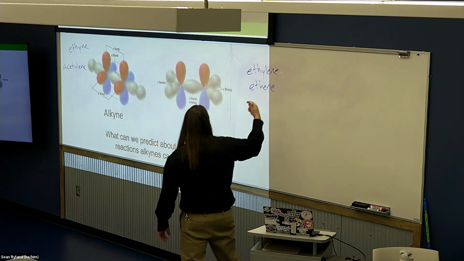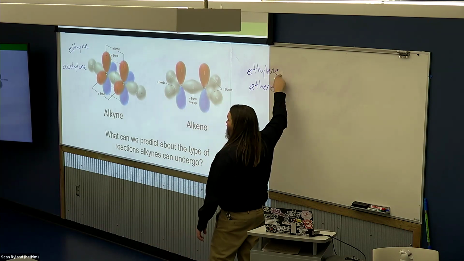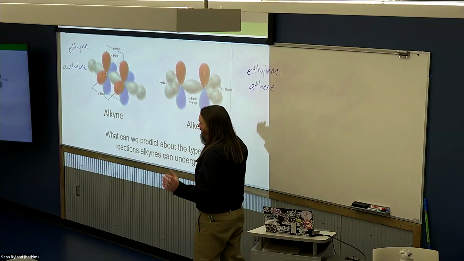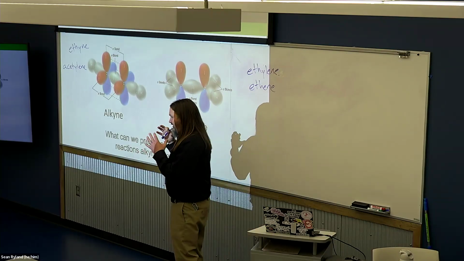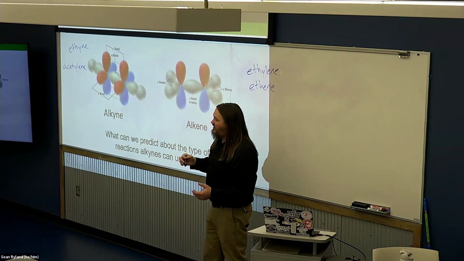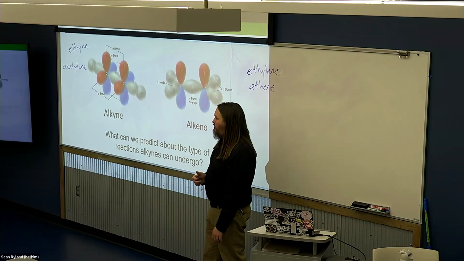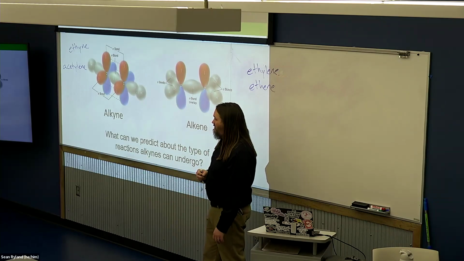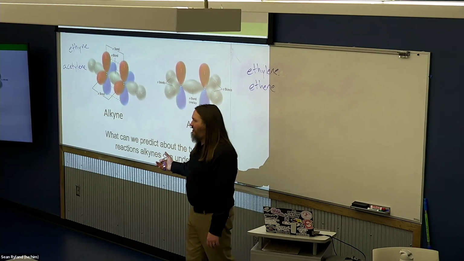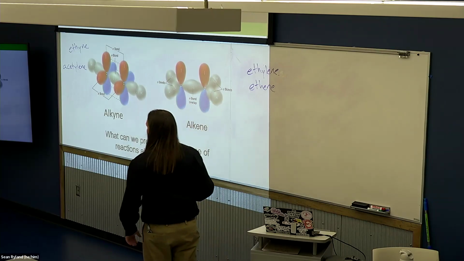Ethylene is the hormone that triggers fruit ripening. So they'll pick fruit before it's ripe so that it's still nice and firm and hard and won't bruise. Then they'll ship it to a grocery store where they basically spray a little bit of ethylene on it, and that causes the ripening process to start.